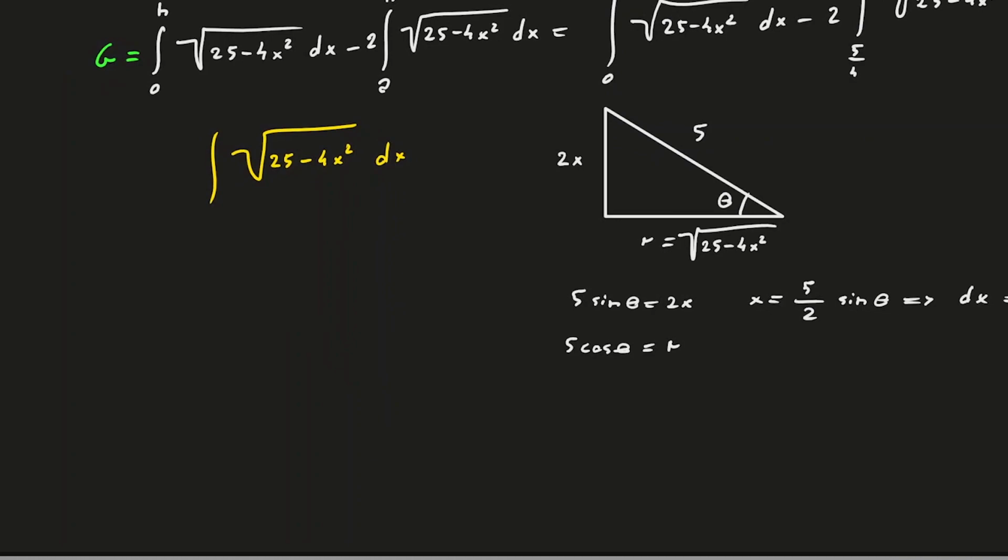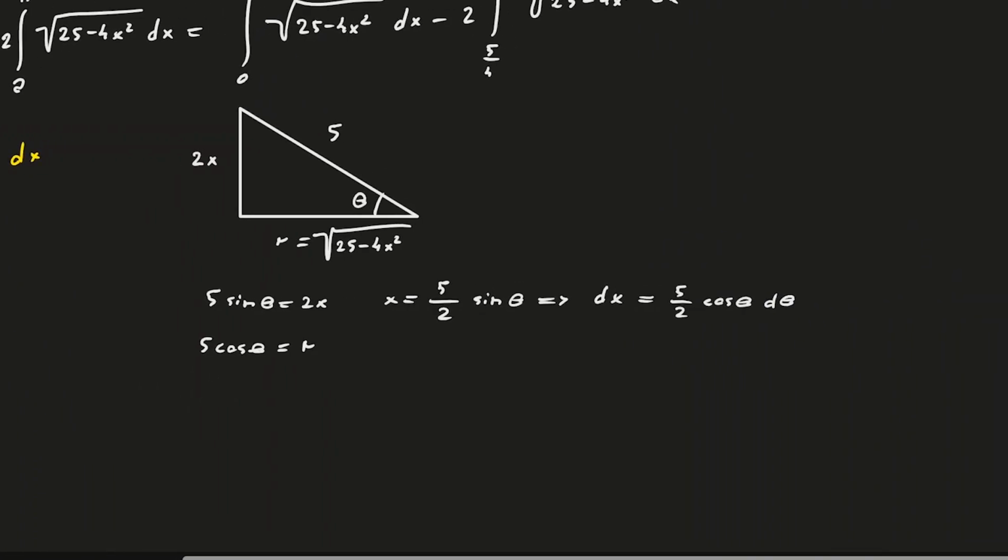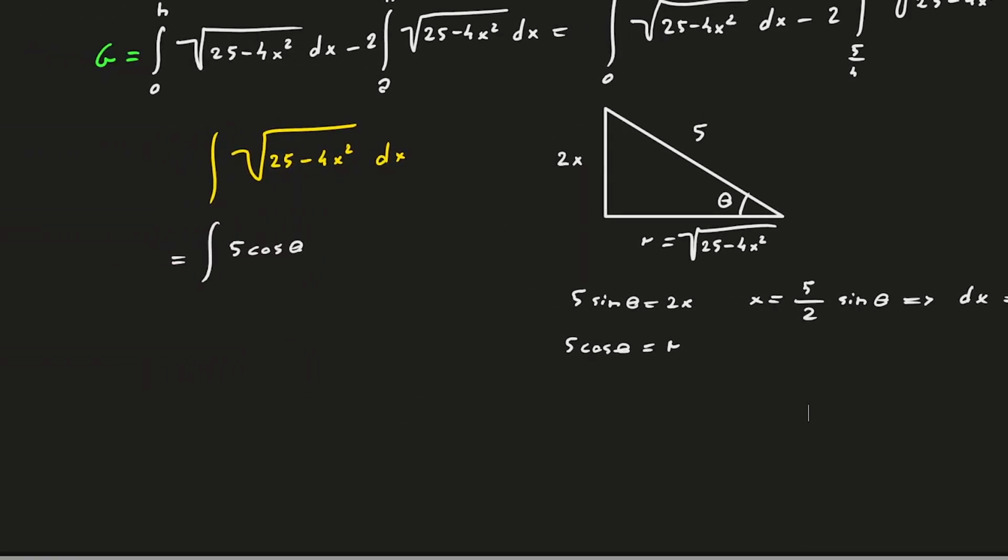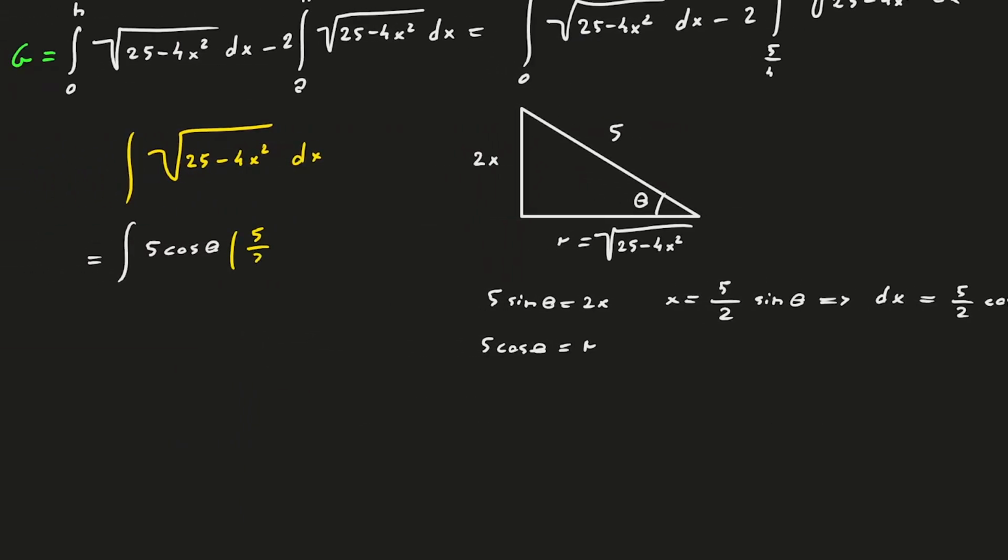We can do our substitution, so this equals the integral of all of this is just r, that is 5 times cosine theta, times dx, that is 5 over 2 times cosine theta d theta. And we can bring the constants outside, and this is just 25 over 2 times the integral of cosine squared theta d theta.